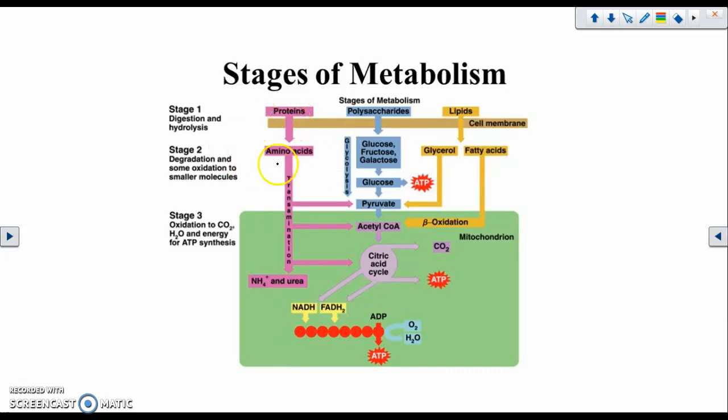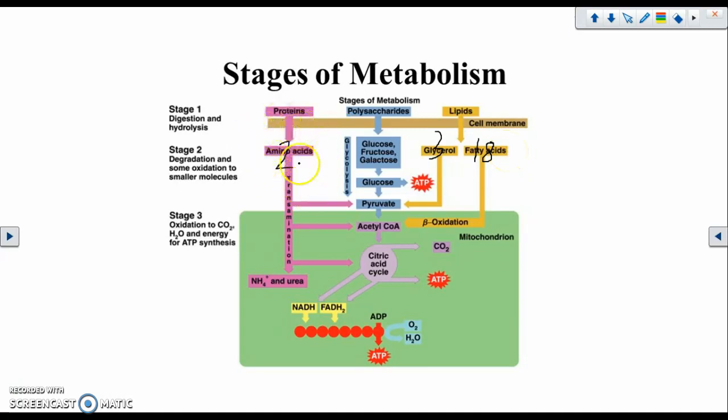Proteins are composed of amino acids. The typical amino acid is made up of 2 carbons. Glycerol is made up of 3 carbons. Fatty acids are made up of even-numbered carbons. So 18 is one example. 18, 16, 22, you name it.